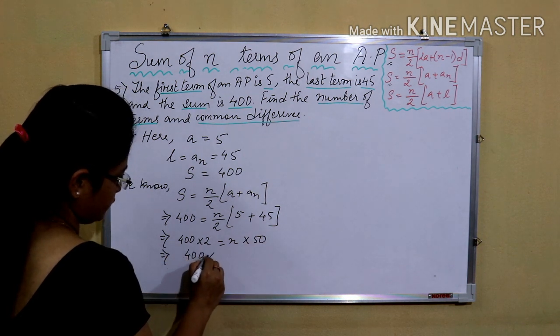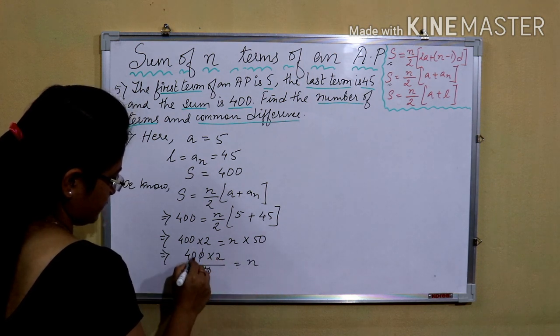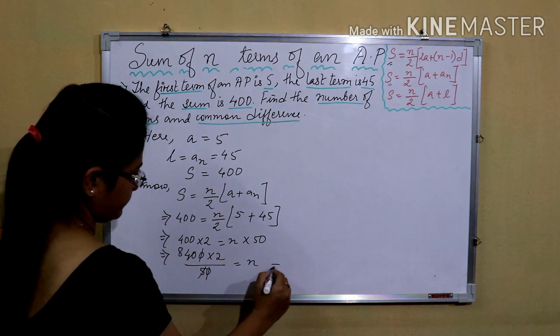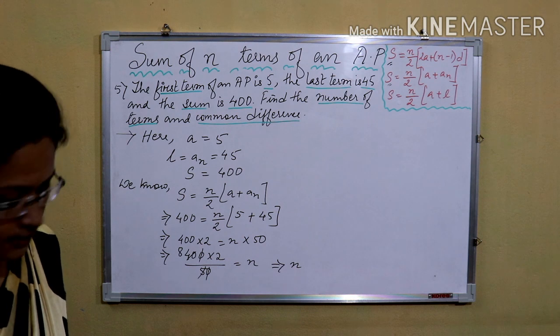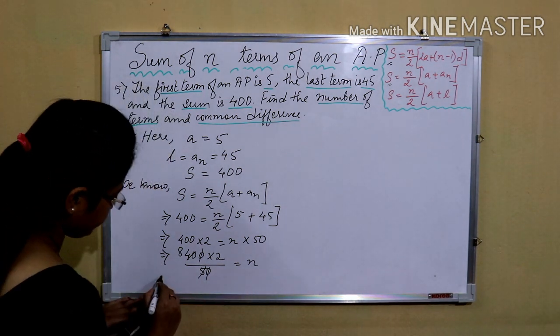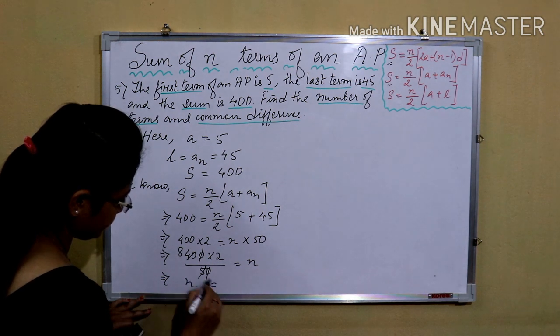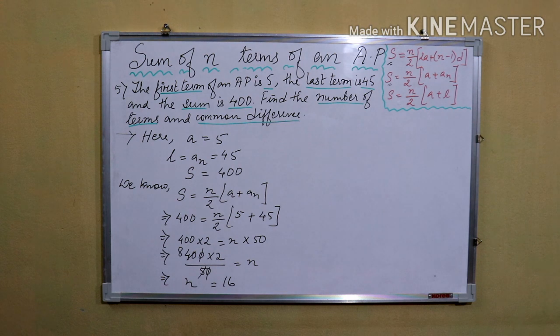So 400 into 2 by 50 is equal to n. 8 times 2 is 16. So we got n equal to 16.